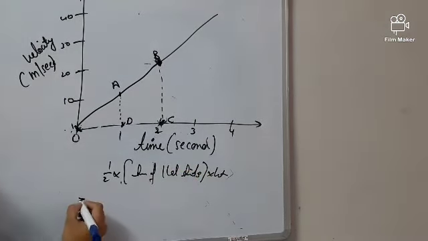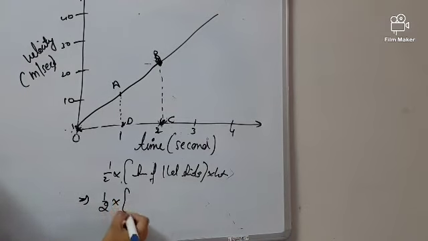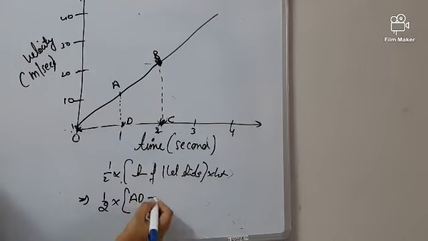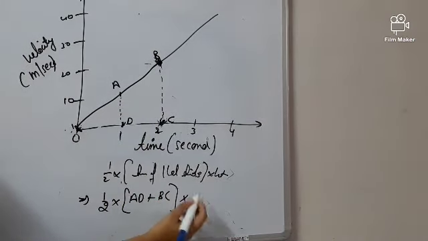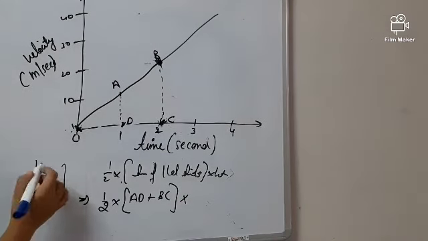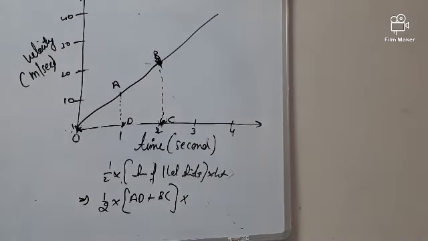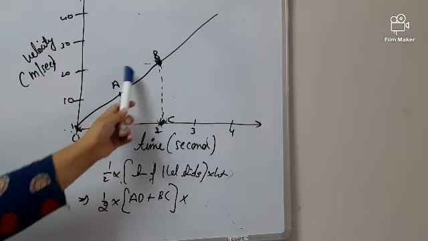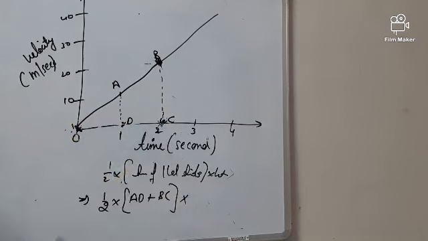So half into, what are the parallel sides? One is AD plus the second is BC, into height. Children, these are the two parallel sides. So the slanting side will never be the height between them. The height will be this one, DC.